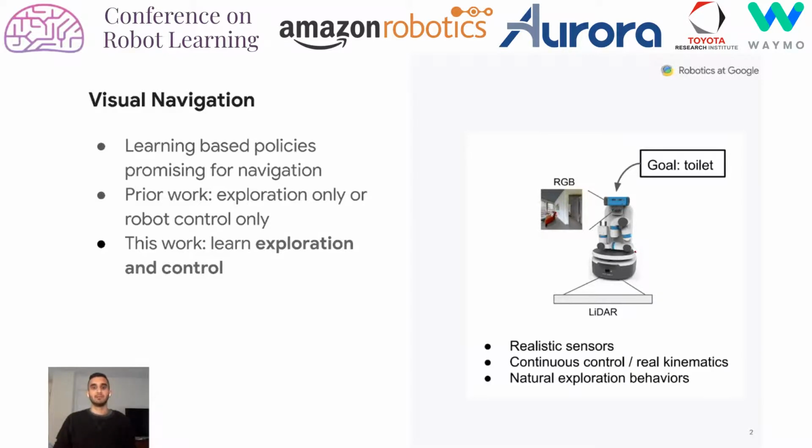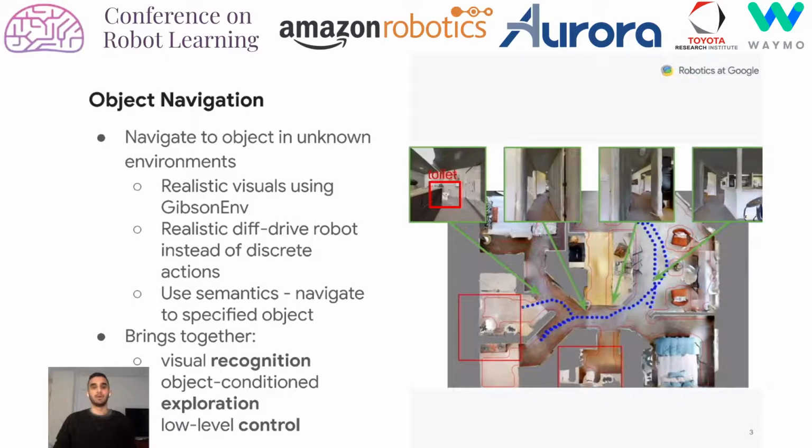We study the problem of object navigation, where a robot must navigate to an object in an unseen environment. We use GibsonEnv as a set of scans of homes to provide realistic, complex visuals. We also use a realistic differential drive robot model, where a policy must output linear and angular velocity commands rather than discrete high-level actions.